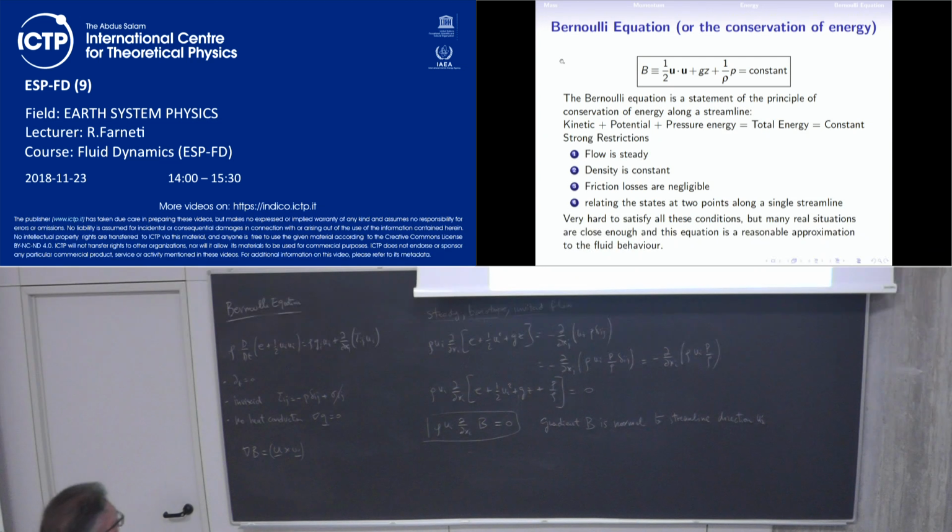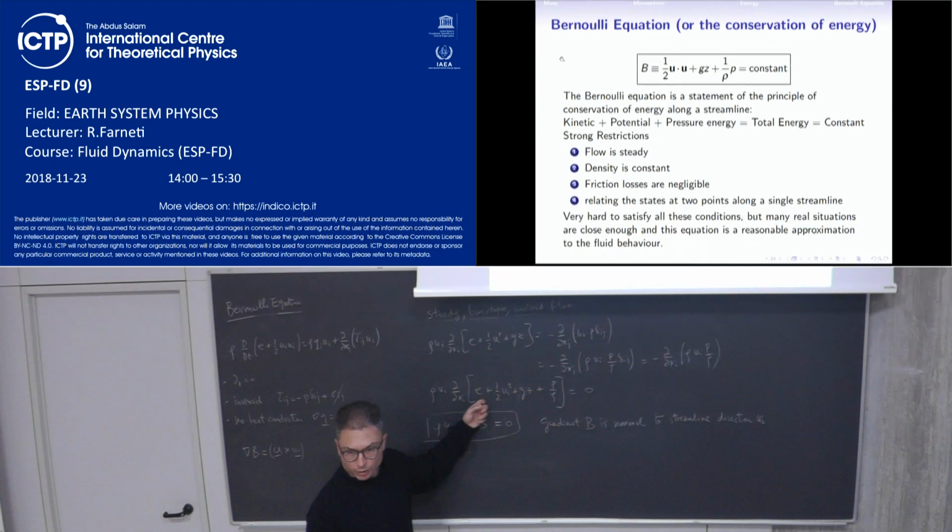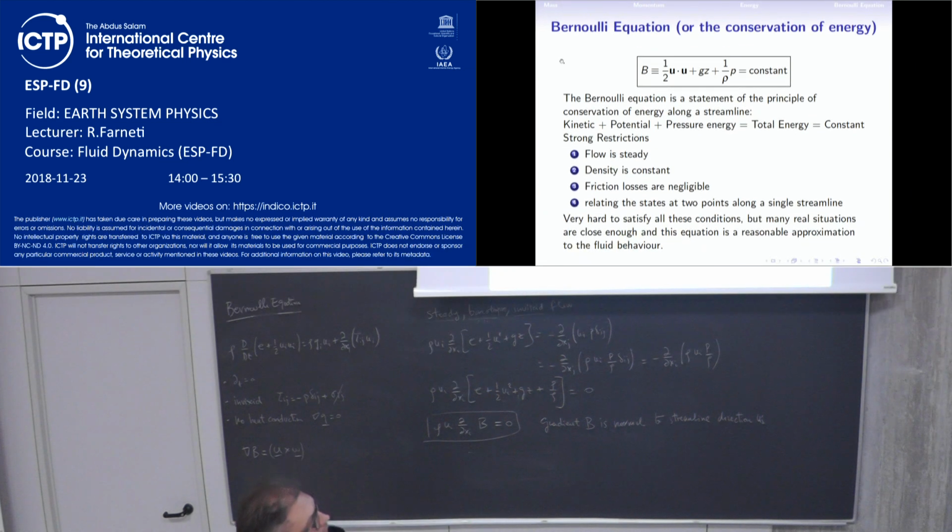So what you have in this Bernoulli function B is those three terms. One is the kinetic energy term, the potential energy term, gz, and the pressure energy, p over rho. That is going to be the total energy, or if you want, you can include the internal energy as well. And that is going to be a constant along the streamlines.